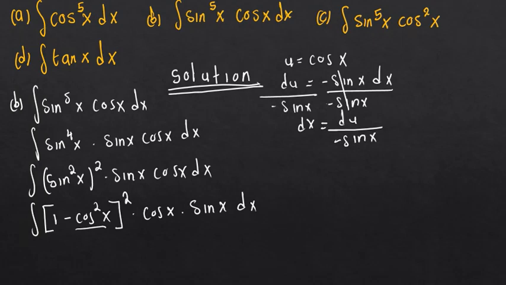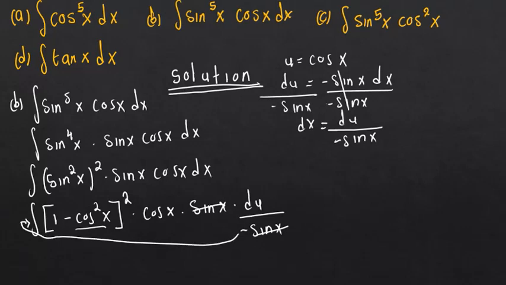So here where there is dx, we can put our du over negative sine x. This and that can cancel. The negative will be transferred here. There is no difference, it's just one and the same.